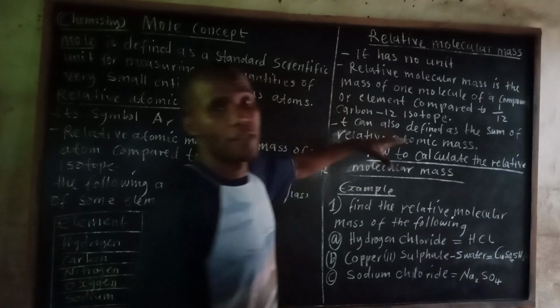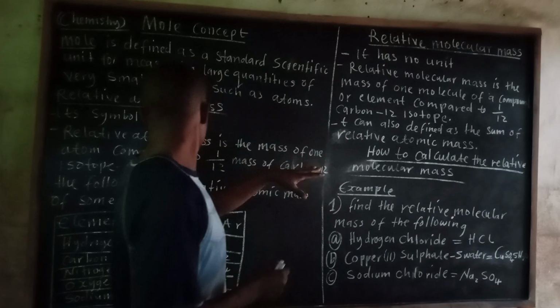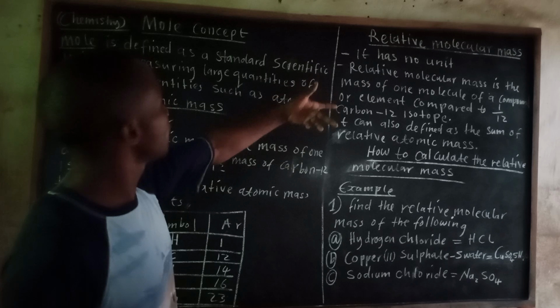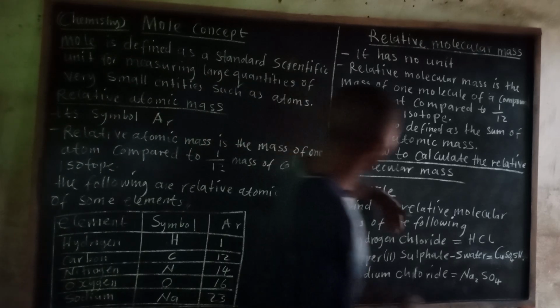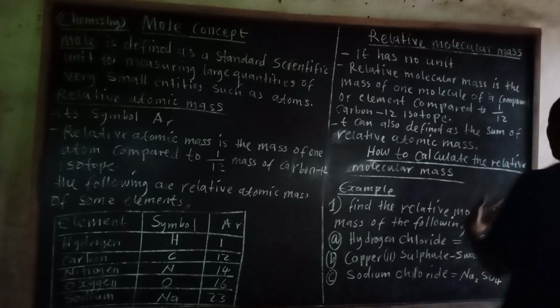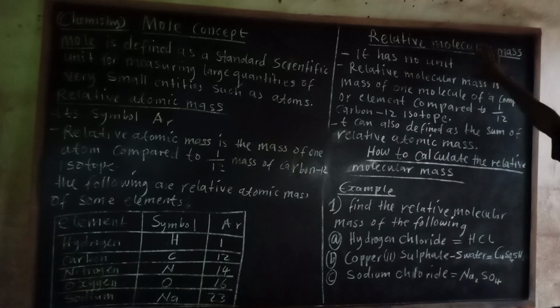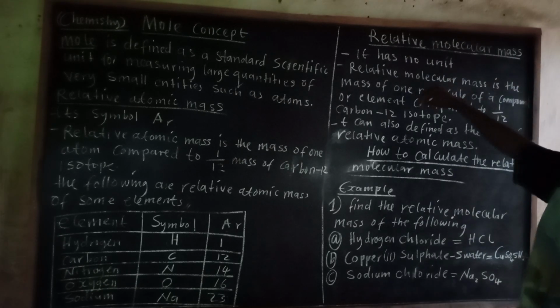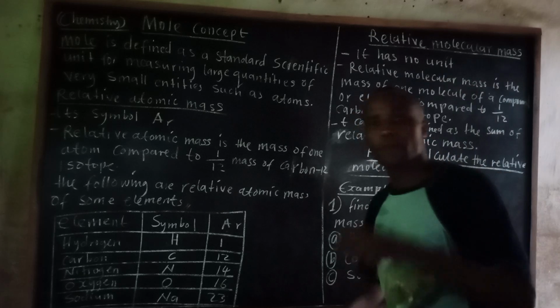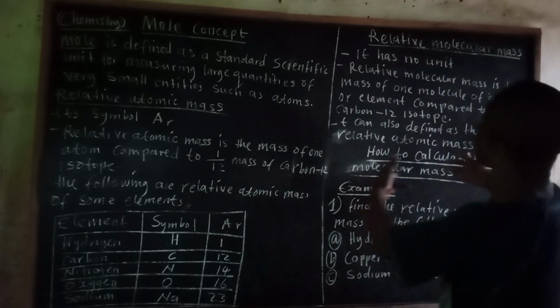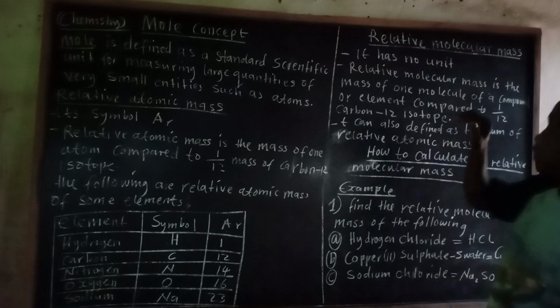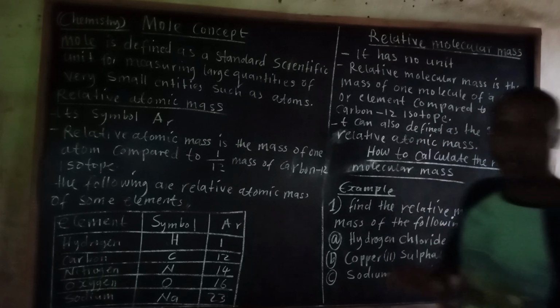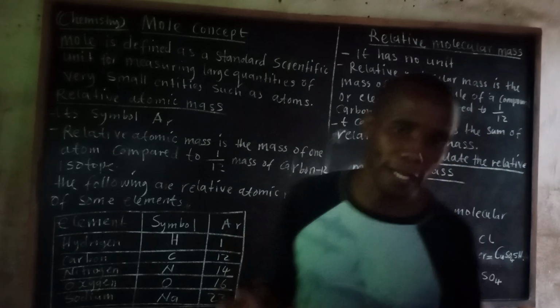So we are done with the definition and explanation of relative molecular mass and relative atomic mass. Now let us look at how we can calculate relative molecular mass. For relative molecular mass, you cannot find them directly on the periodic table, because these are compounds and molecules. On the periodic table, what is there is only elements.